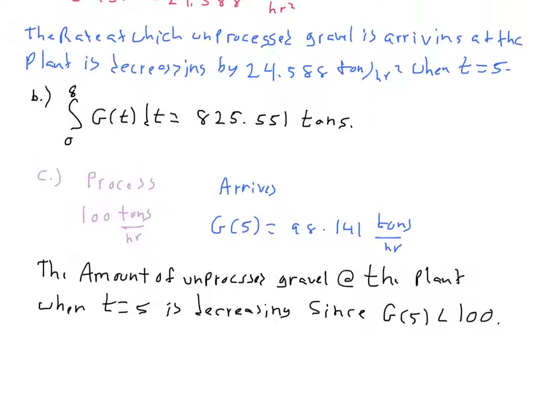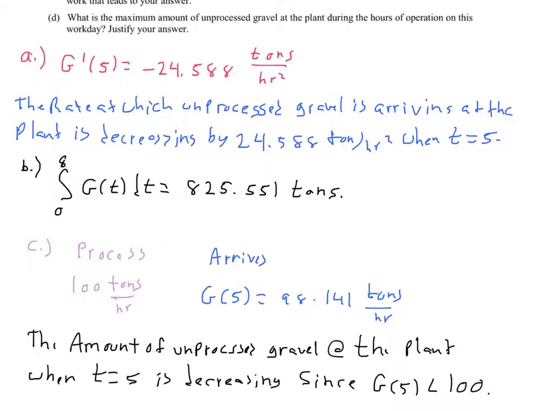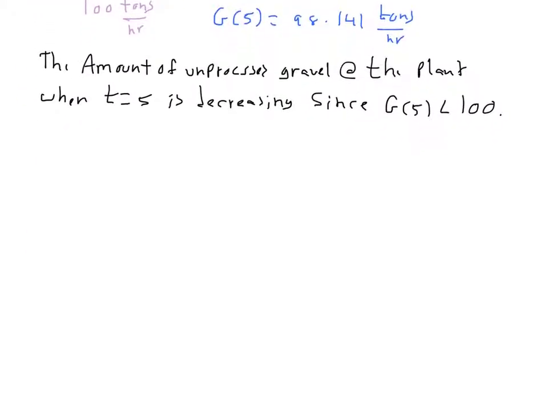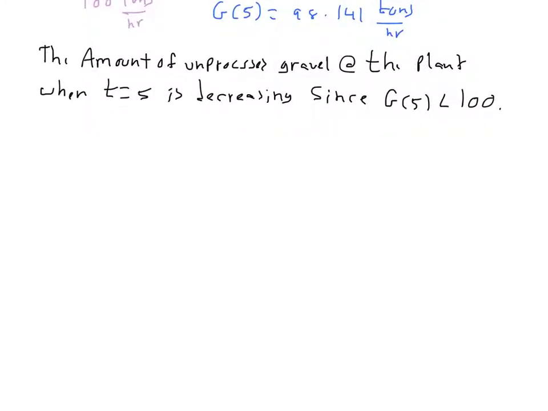Right. I forget what part D is asking. Okay, so what is the maximum amount of unprocessed gravel at the plant during those hours? All right, we haven't really talked about the amount of gravel that was there yet. I guess we talked about the total that came within the 8 hours, but we didn't talk about how much was actually there.